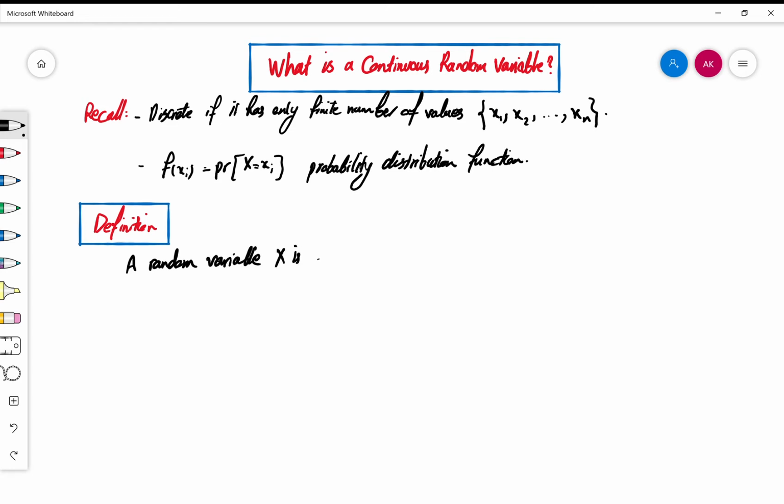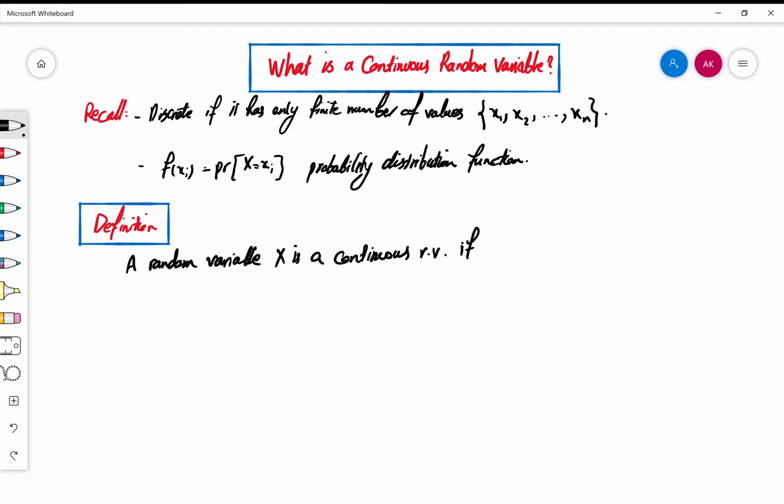X is a continuous random variable if the set of all the possible values for this random variable is not only infinite, but also forms a range of numbers.